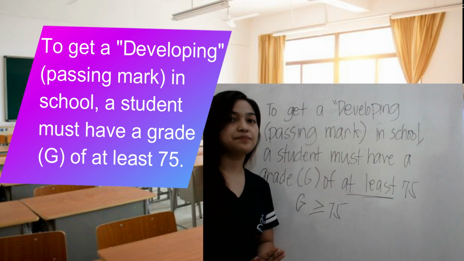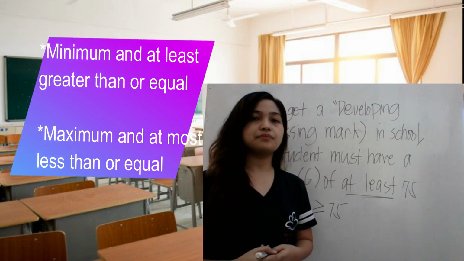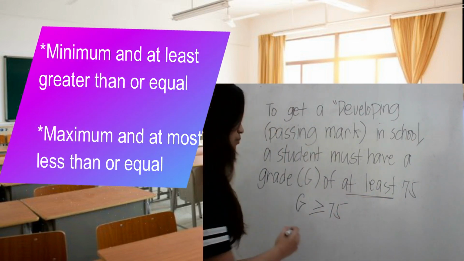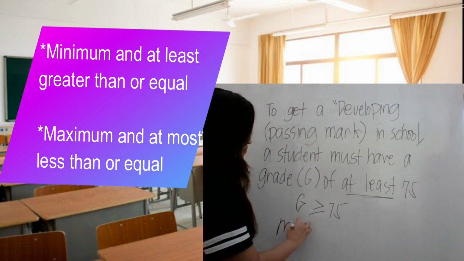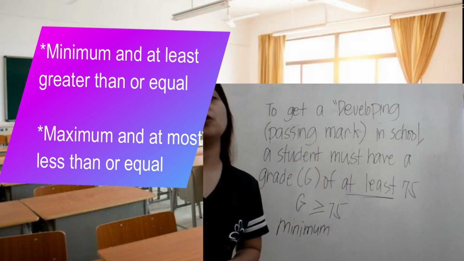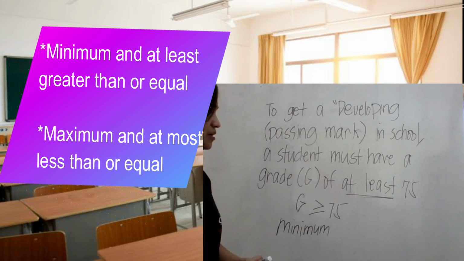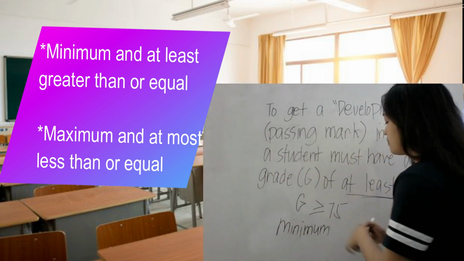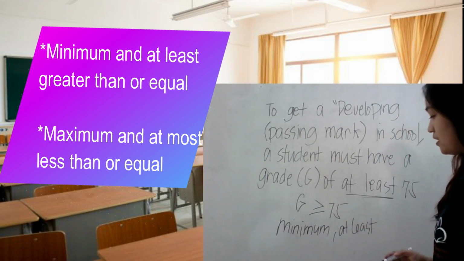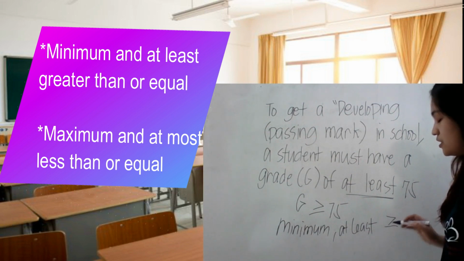Okay? So class, what if ang ating term is not at least? What if siya ay minimum? Minimum of 75. Ano bang ibig sabihin nun? Kapareho ng at least. Kapag at least at minimum, pareho lang sila na ang symbol ay greater than or equal.